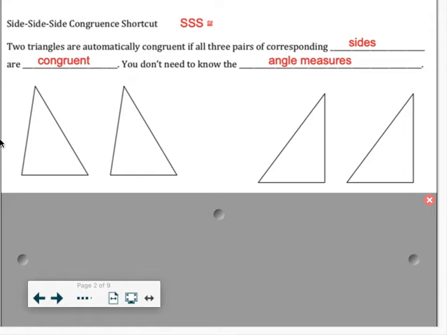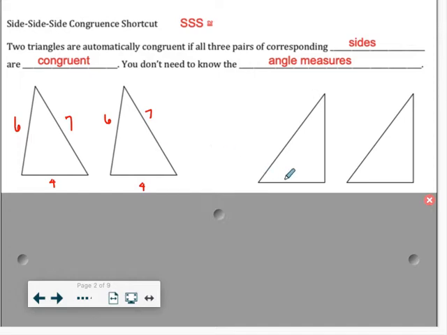So for instance, I might say that this side length was 6, 7, and 4, and this triangle was 6, 7, and 4. Only knowing that information, these triangles have to be congruent because triangles are rigid. We couldn't push on the corners and make anything different.